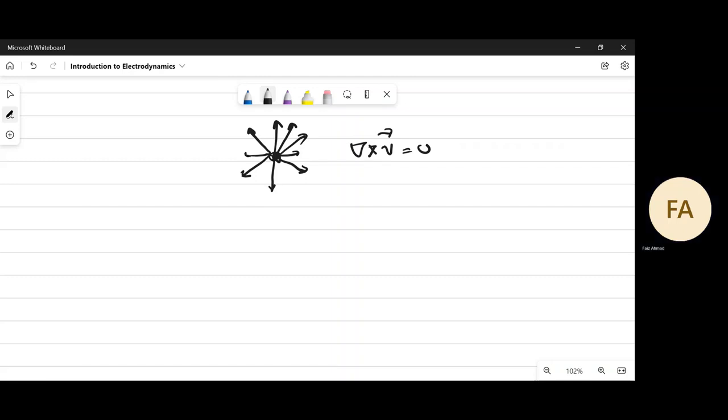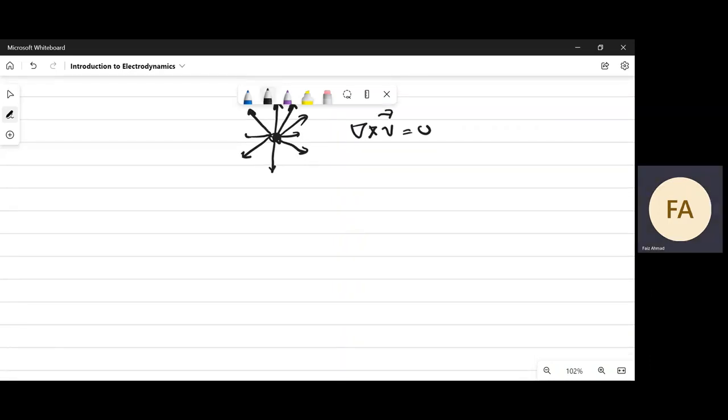And if you put the paddle wheel in a place where it's not rotating, then you have placed it at a point of zero curl. So again, the name is telling us that curl measures the rotation around the point in question.